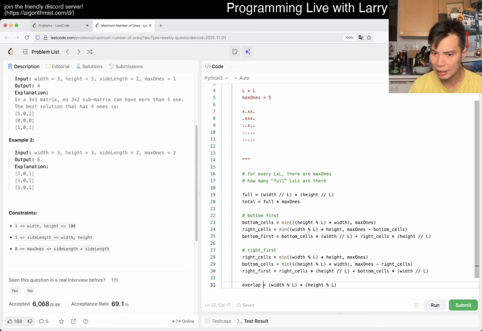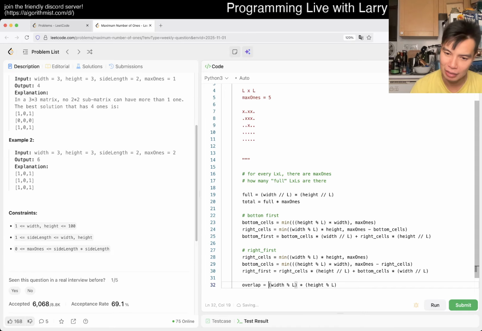And this will always be less than either right cells or bottom cells, so we don't have to worry, because that's the definition of overlap. And because the size of it will be smaller, because instead of multiplying by height, which is the number of big ones with height, this is just the extra ones, right?